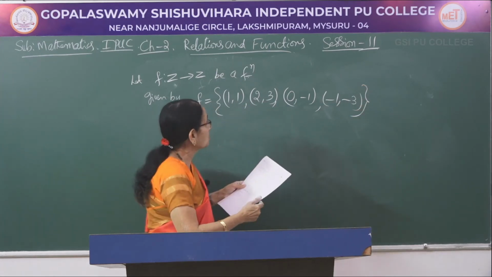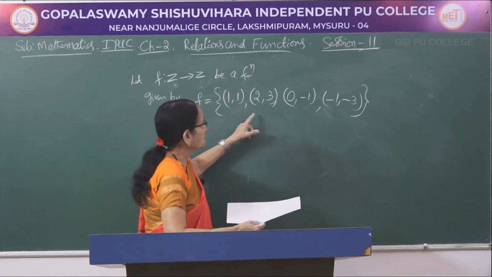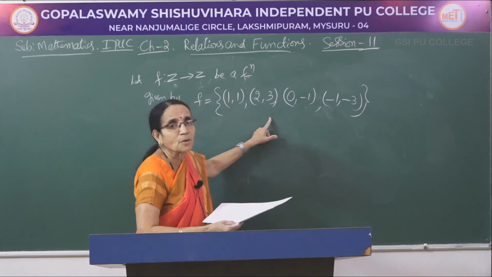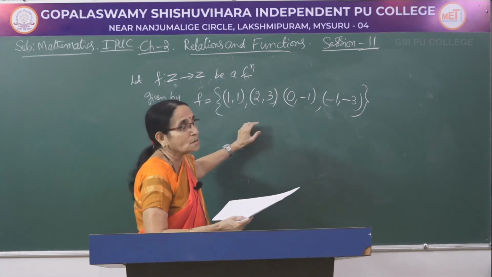I have shown you in the earlier session it can be written as a set of ordered pairs, and f is a subset of A cross B. I have mentioned this.